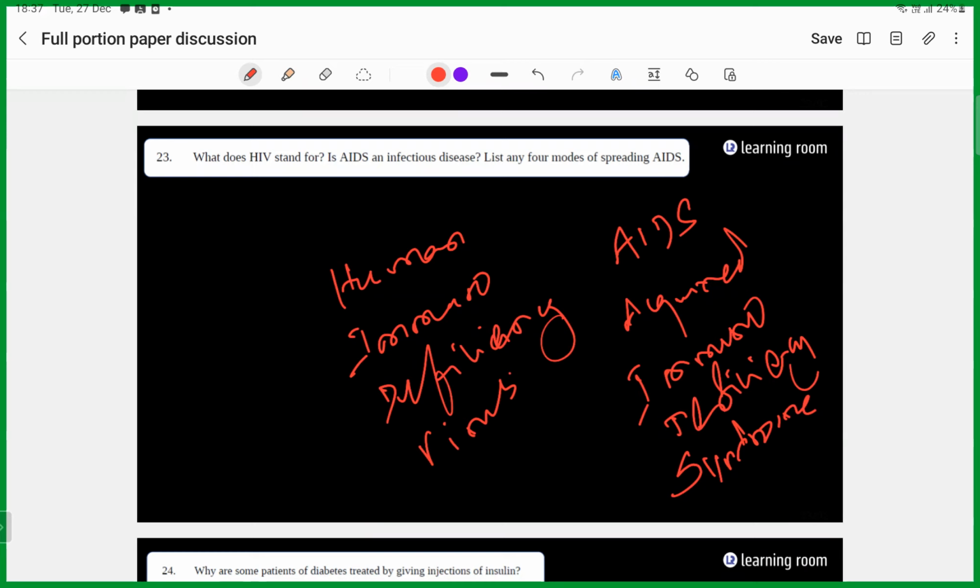It's chronic, in the sense of many years, and connected with a lot of complications, not just one. For example, you get dry cough, loss of weight, fever, skin infection, lung infection, kidney failure, many such things.